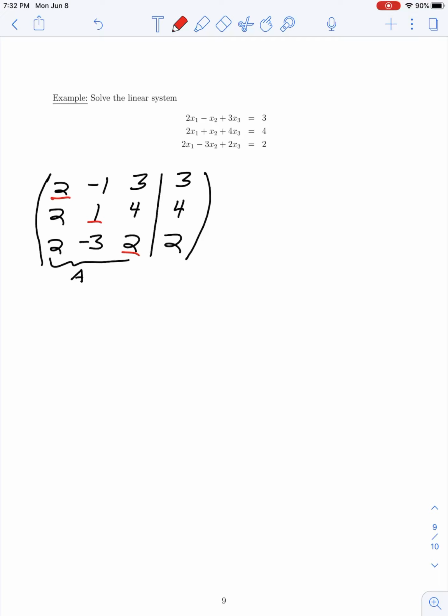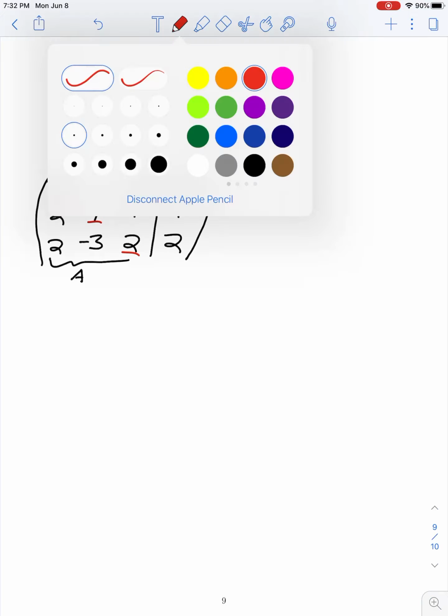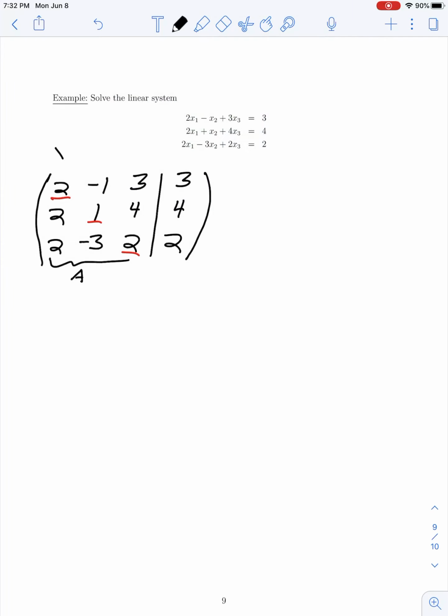So again, if we proceed column by column to do this, well, for my first row, x1, I have a diagonal entry of 2. I know I'd like to try to get it down to a 1, so I could maybe take half of my first row, but then I'm going to introduce some fractions for the other entries in that first row. So let me avoid that for now.